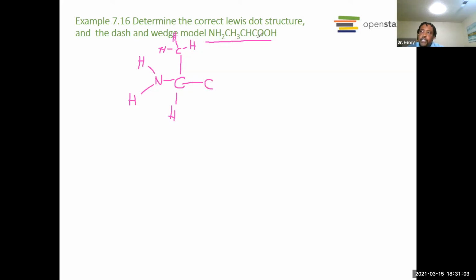And anytime that you see COOH, you always have a carbon that's double bonded to an oxygen. It has 2 lone pairs. And then you have an alcohol group, an OH. Okay? You guys see that?